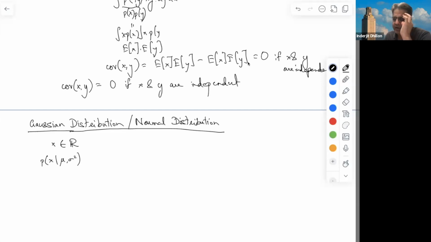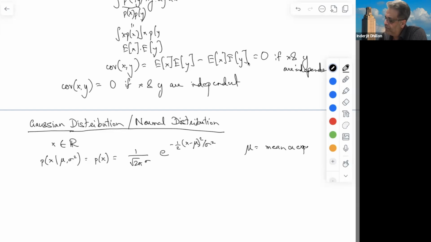Given particular mu and sigma squared, and many times we'll just not write the given part, we'll just say p of x, or the PDF, is given by this particular formula: 1 divided by square root of 2 pi times sigma, e to the power minus half, x minus mu squared divided by sigma squared. Mu is the mean or expectation, and sigma squared is the variance.